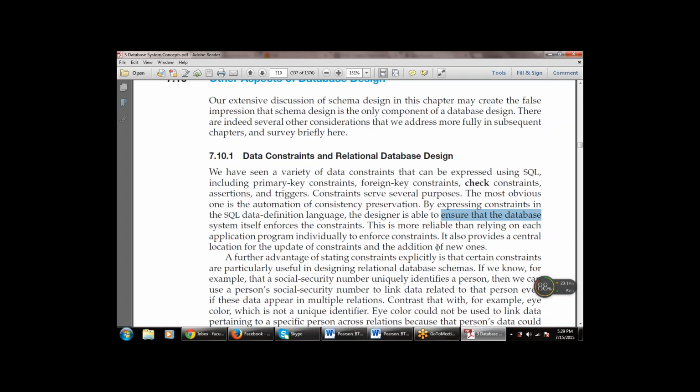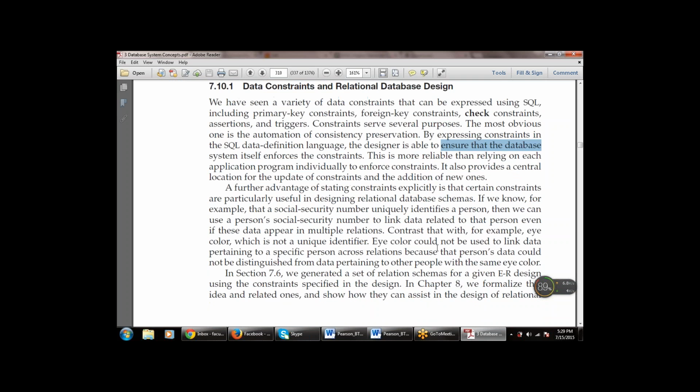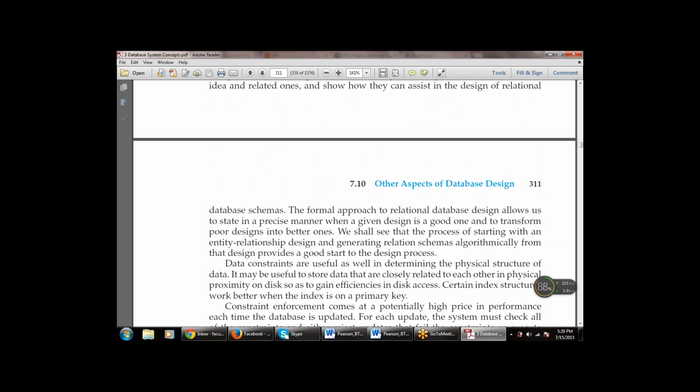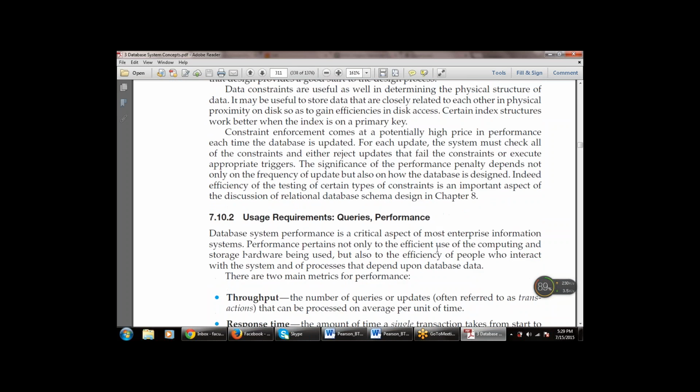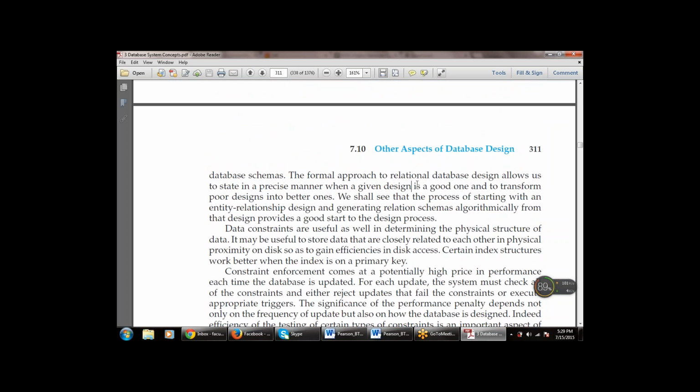A further advantage is that certain constraints are particularly useful in designing relational database schemas. The formal approach we'll be using allows us to state in a precise manner when a given design is a good one, and to transform poor designs into better ones.